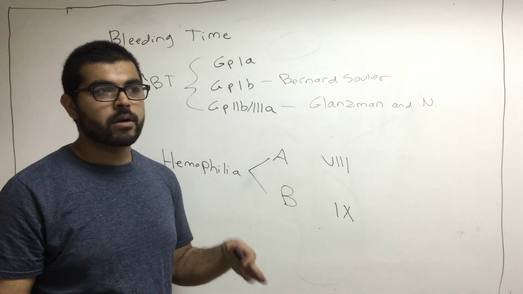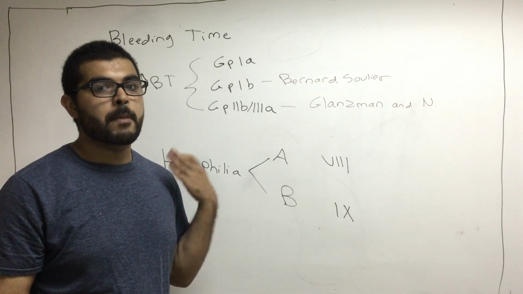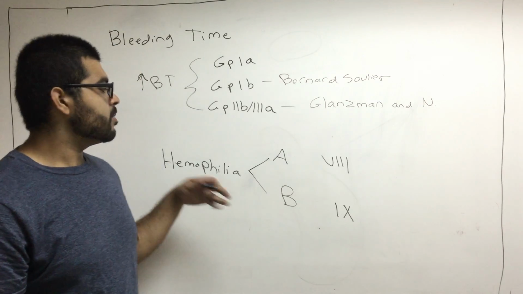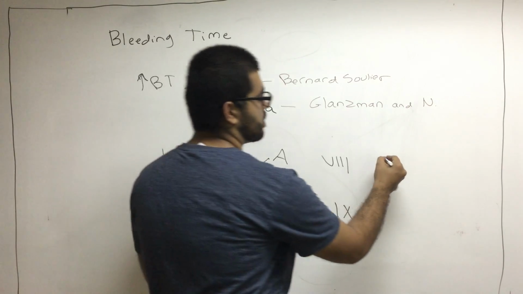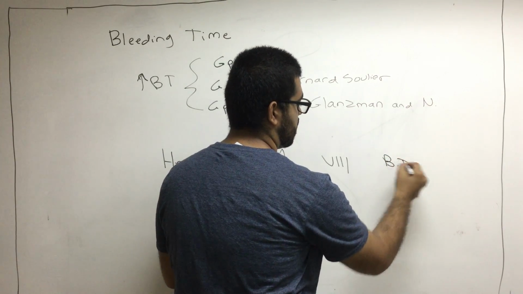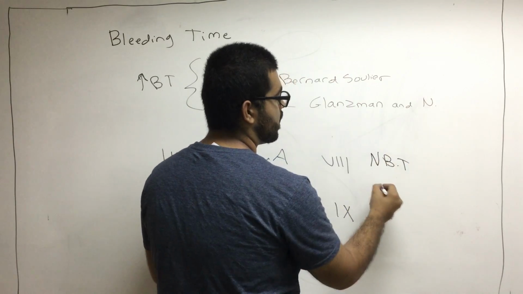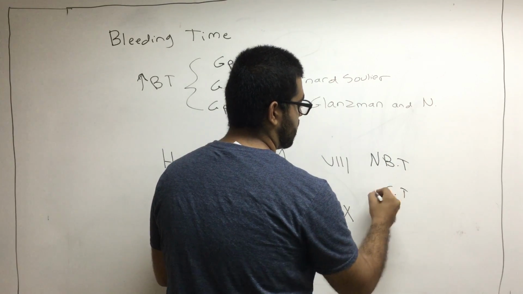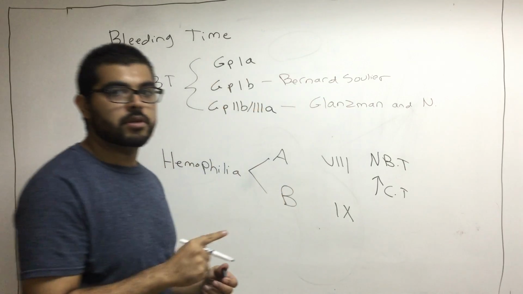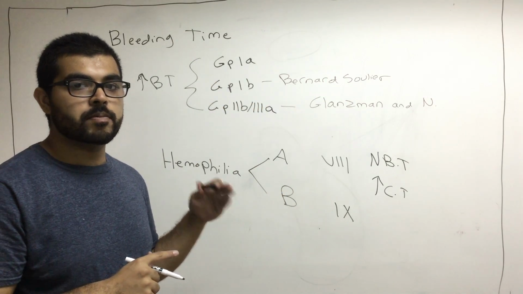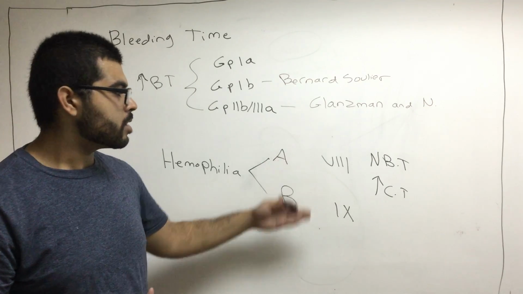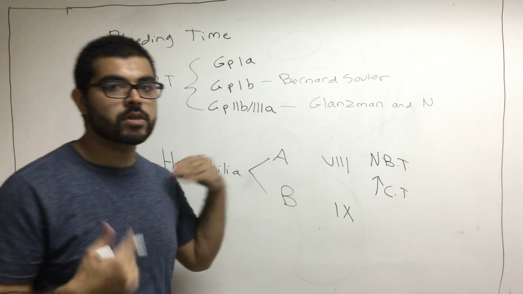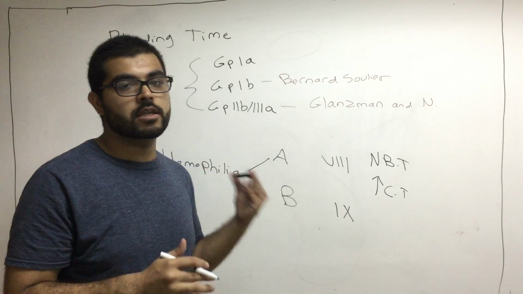Both are part of your intrinsic pathway. So if you have hemophilia, everything else will be normal. Bleeding time is going to be normal. Your clotting time is going to go up, but more specifically, will it be your prothrombin time, PT, or just your APTT? Well, these two are part of the intrinsic pathway, so our APTT will increase, and that's the only thing you're going to see increased.